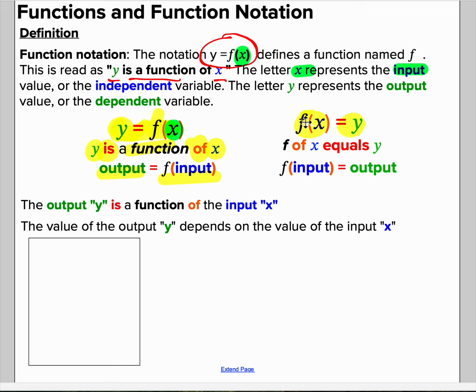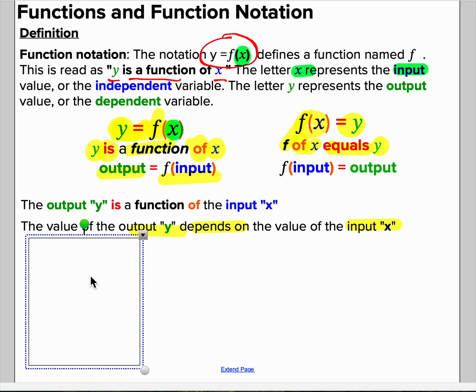If I translate that, f is my function, the parentheses I describe as of x, the equal sign is equal to y. So I say the output y is a function of the input x. Another way I can say that is the value of y depends on the input x.